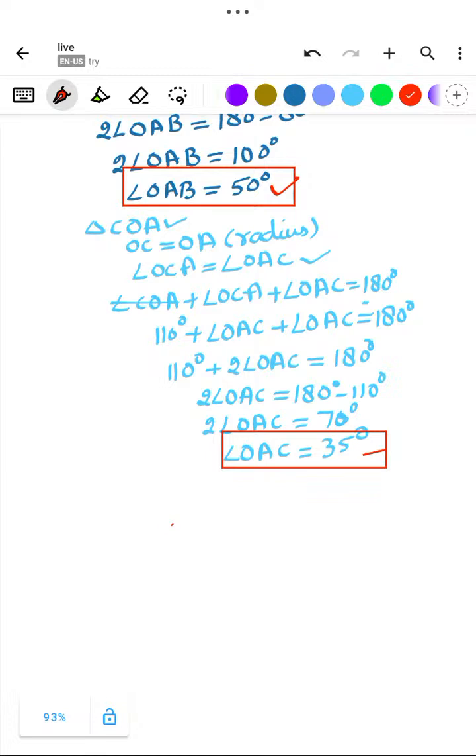So suppose this is a circle whose center is this O. Now this is A, this is B, and here is a point D.